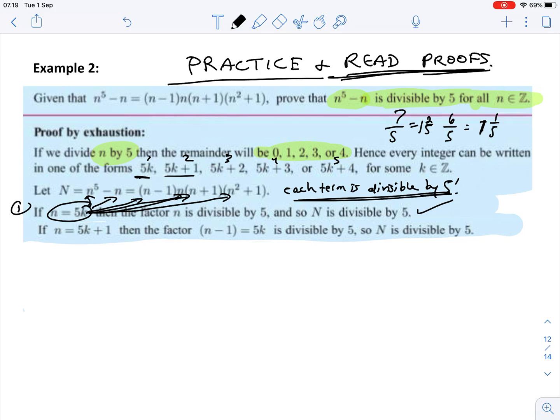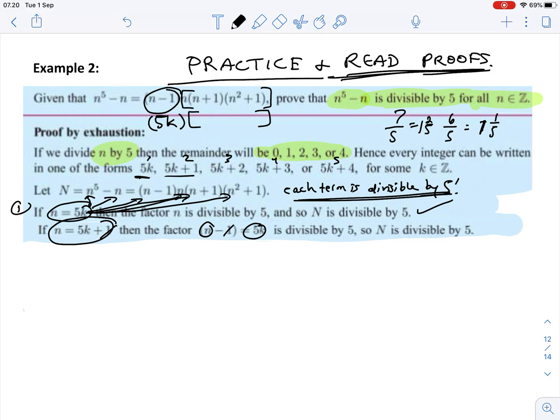If n equals 5k plus 1, then the factor n minus 1, so this guy right here, if you were to plug in 5k plus 1 into n, the ones would cancel and you would just be left with 5k. Now you're like, well, how does that prove that it's divisible by 5? Well, because 5k is being multiplied by everything else here.